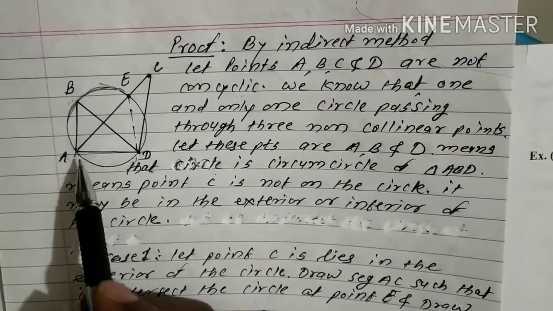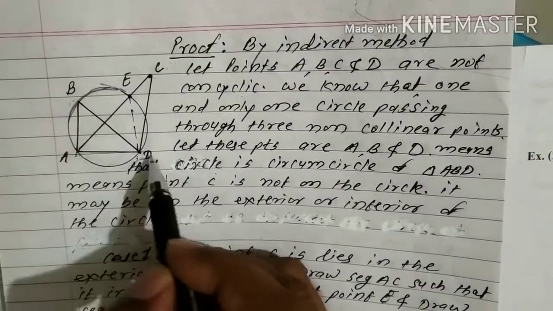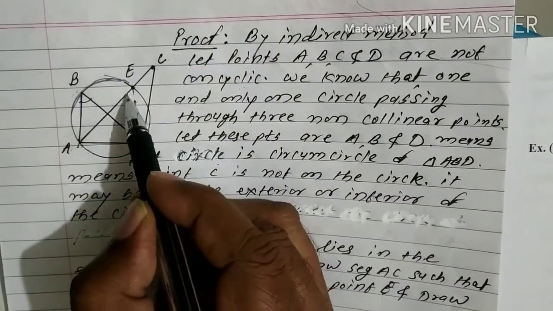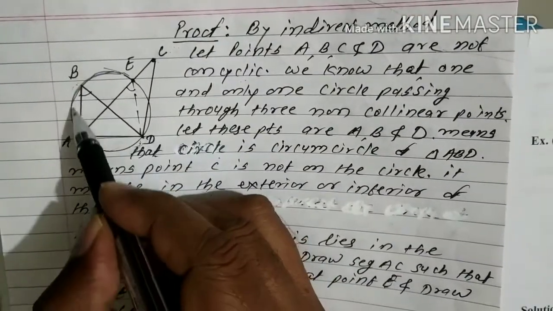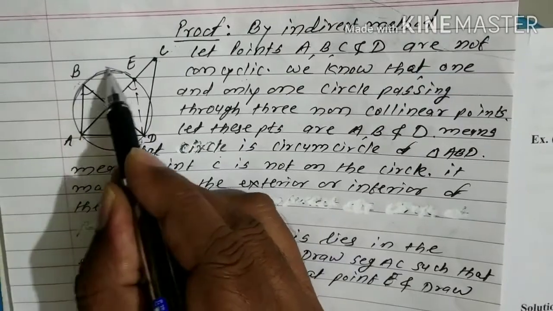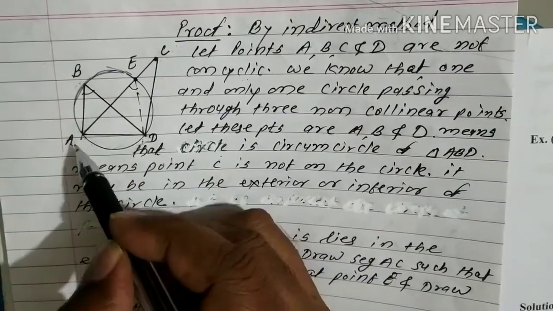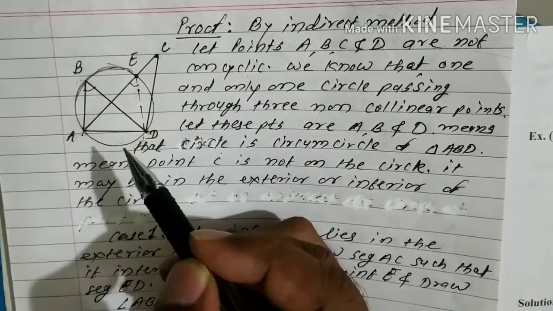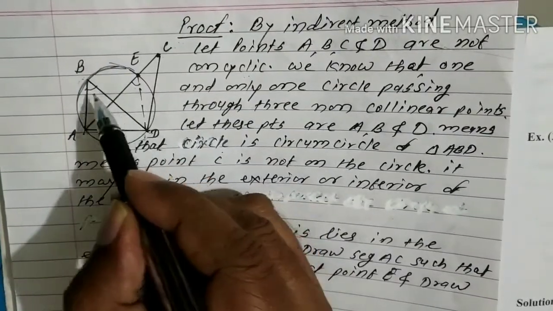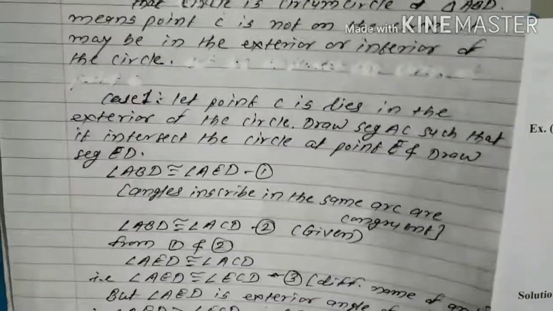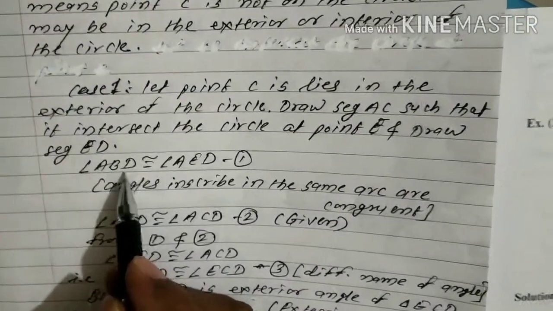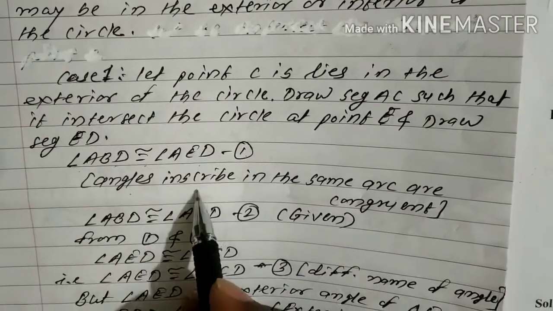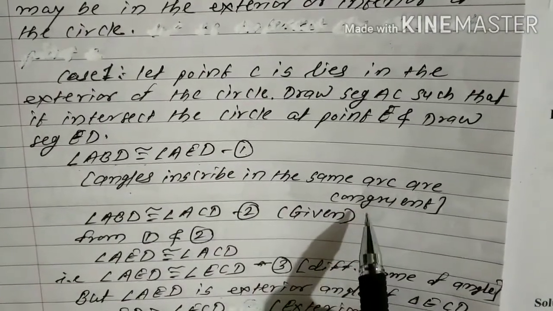Now in the figure, angle ABD and angle AED are inscribed in the same arc. Hence, these two angles are congruent. Therefore, angle ABD is congruent to angle AED, equation first, angles inscribed in the same arc are congruent.